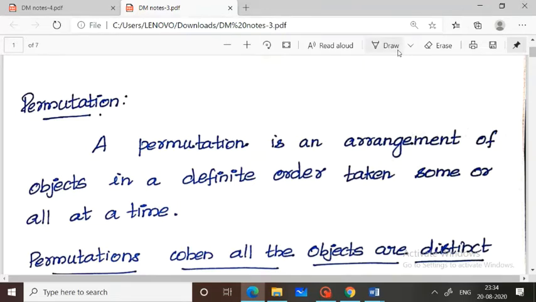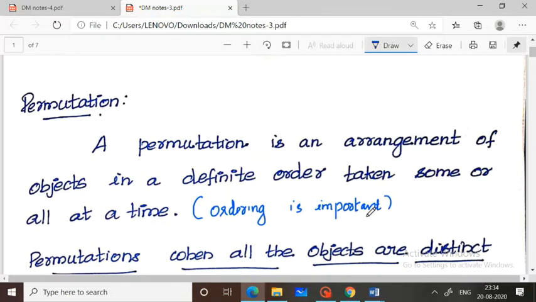When you have to arrange objects, mainly you have to verify that ordering is important. So you have to check whether the ordering process or arranging process is important.